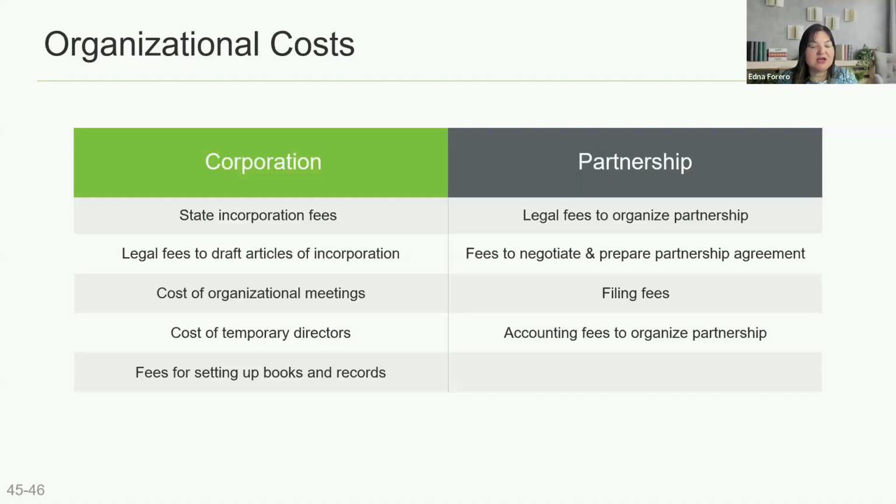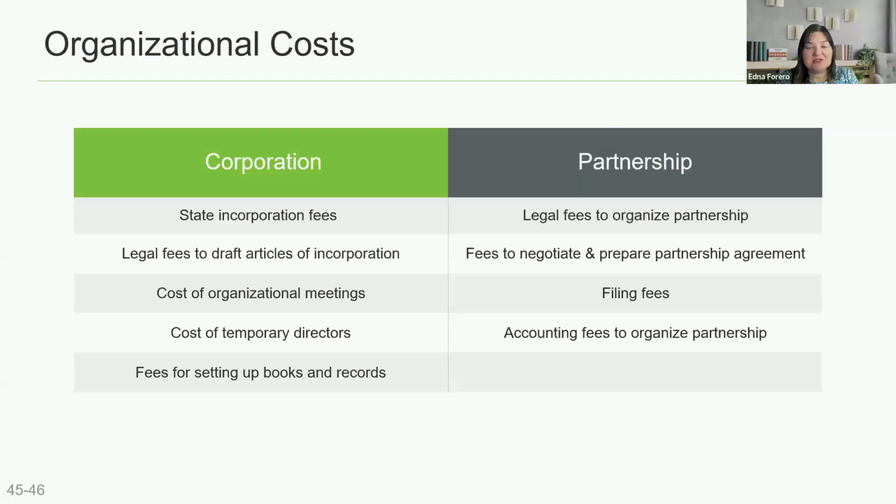So on the corporation side, we might see incorporation fees, legal fees to draft those articles, the cost of organizational meetings. Now, these are not necessarily meetings where you might go to a resort. Some of those costs are definitely not going to be deductible, but perhaps you meet at a local library or a local event space and you have all of your company officers together to meet, and so you've got some costs included there.